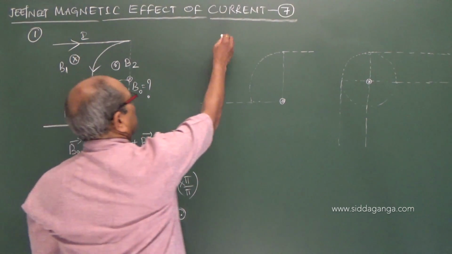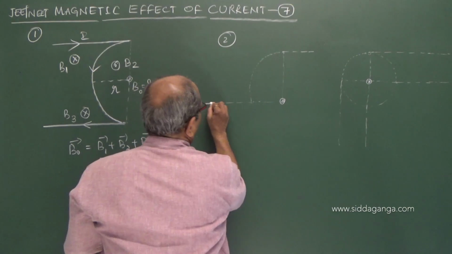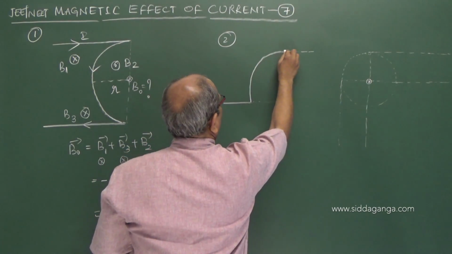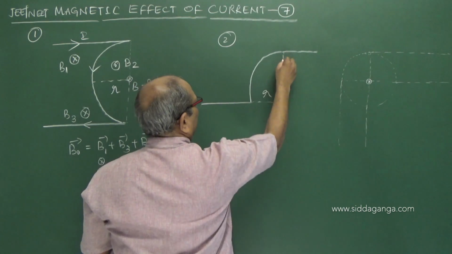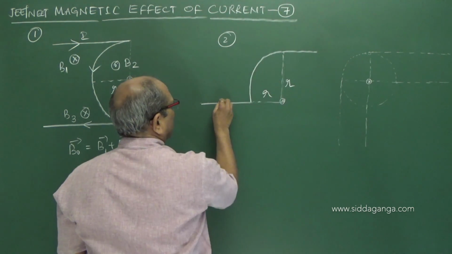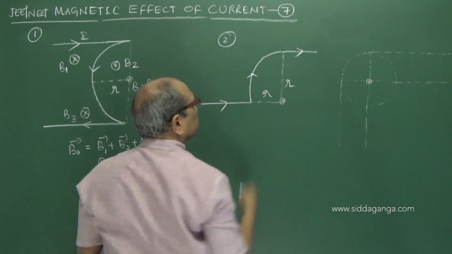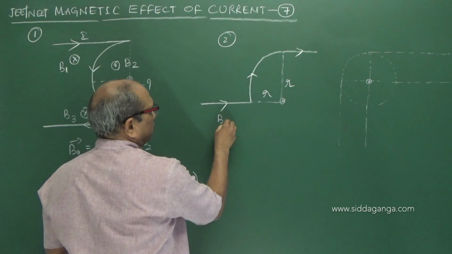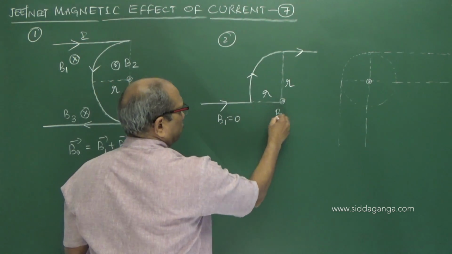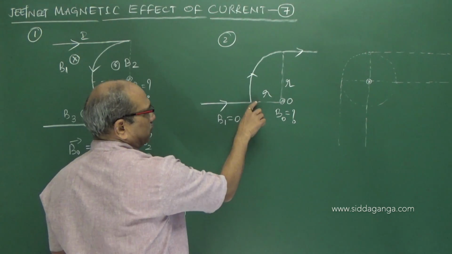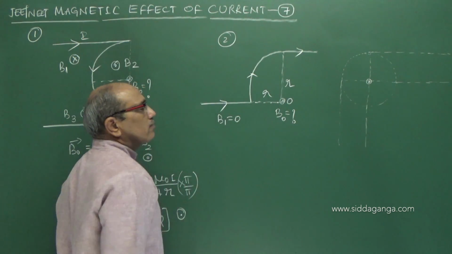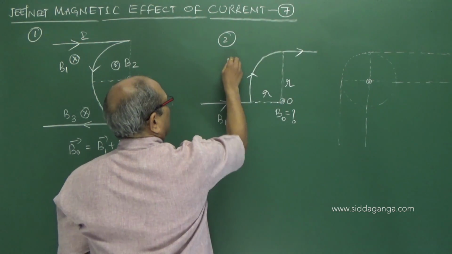Let us take another example. The current may be passing like this, and this distance is R. Current carrying, this B1 is 0 because I told you that at O, B1 becomes 0, it is in line with the wire, and this is an arc.